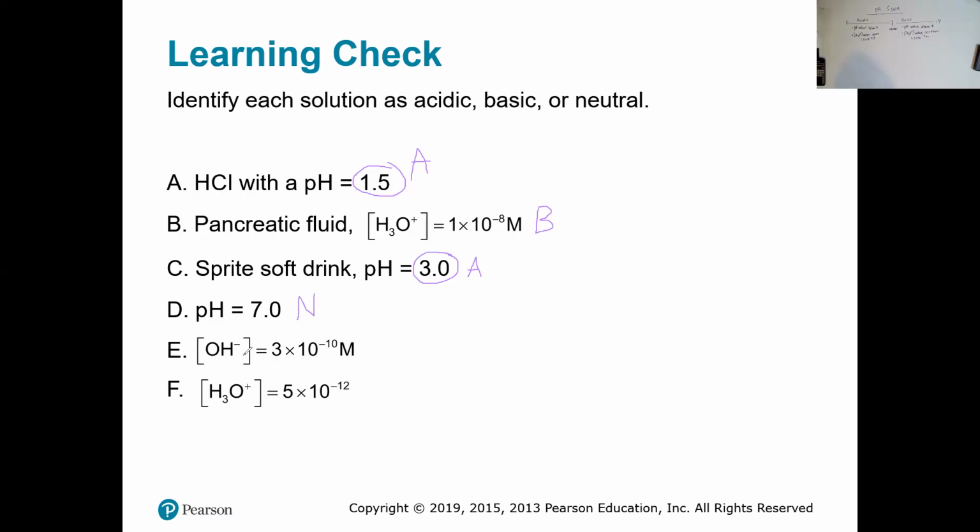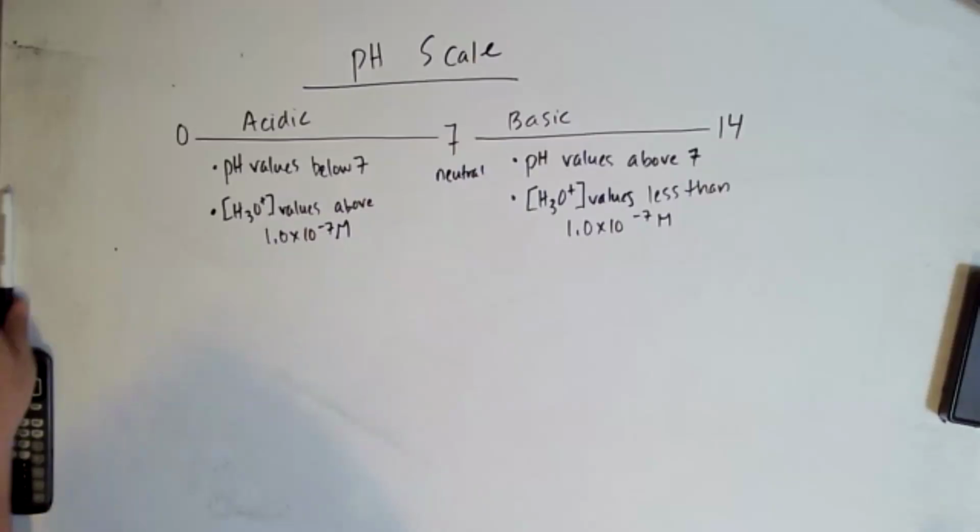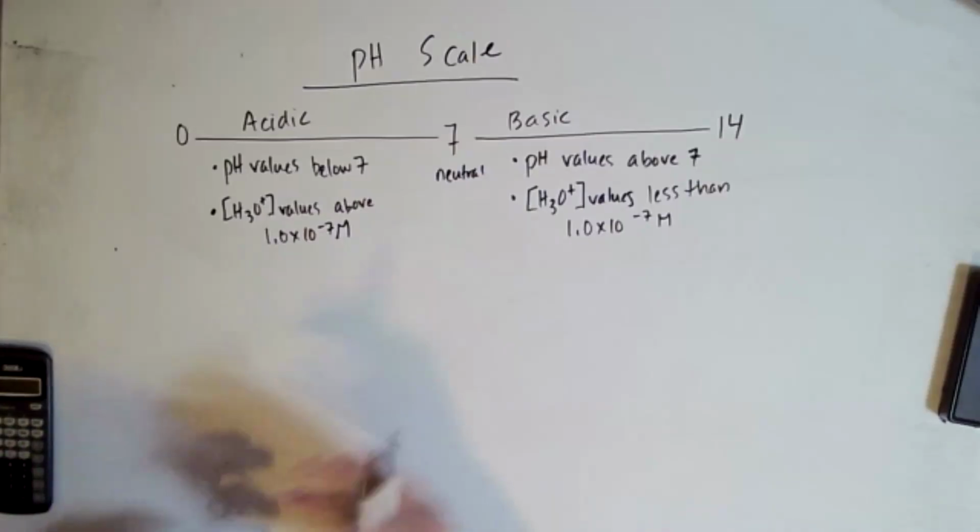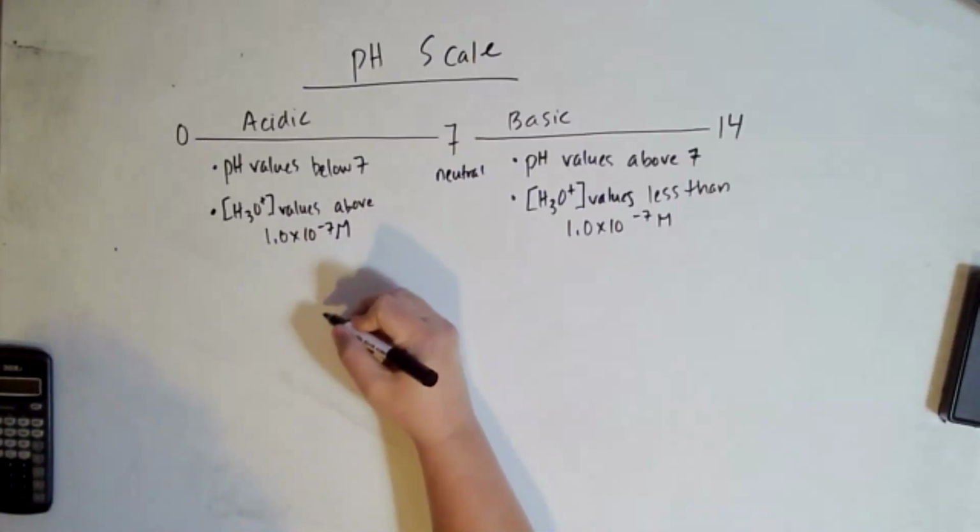When your hydroxide ion concentration is 3 times 10 to the negative 10, that's a tougher one because now you have to say, well, what does that mean for my hydrogen ion concentration? So what you can do is do your calculation using your Kw value.